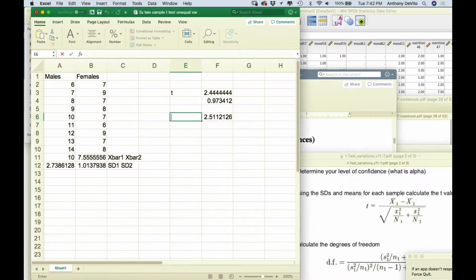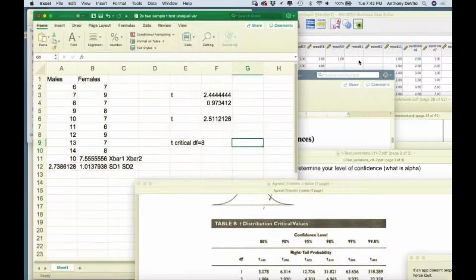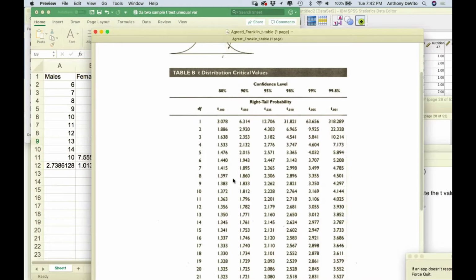So our calculated value of t is compared to our t critical, which is for 8 degrees of freedom. Well, what is that? I should remember, we just did that recently. But let's say I don't remember. Here we go. 8 degrees of freedom, 95% confidence.